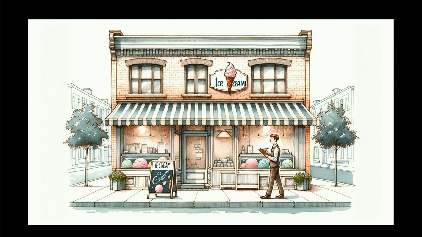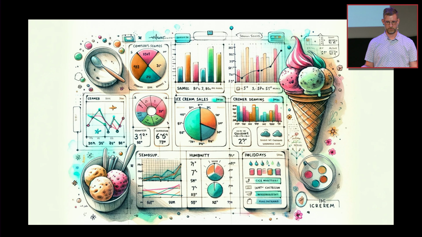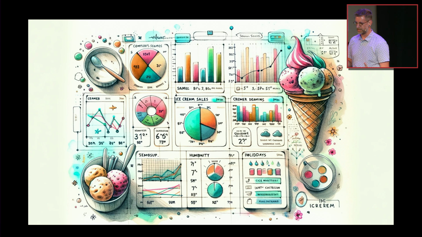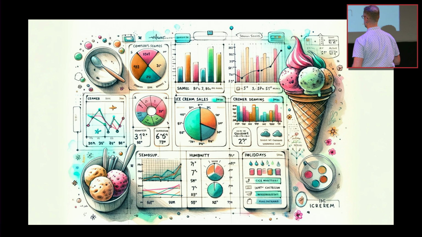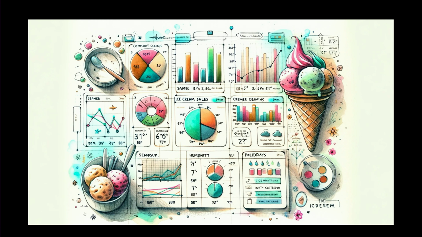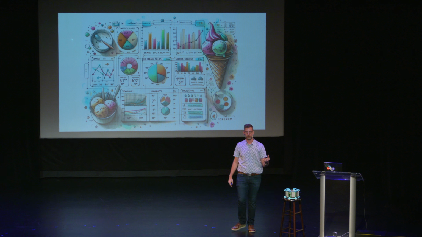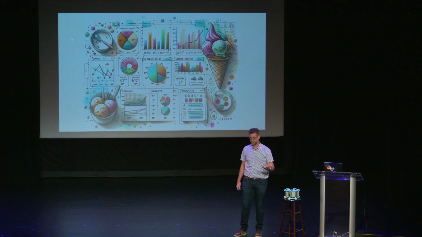So you collect a bunch of data, you write a bunch of code, you fit some models, and then you come up with a beautiful dashboard. And this is great. You've taken into account important variables like humidity and holidays, and made something that's really useful for your organization to make better decisions.